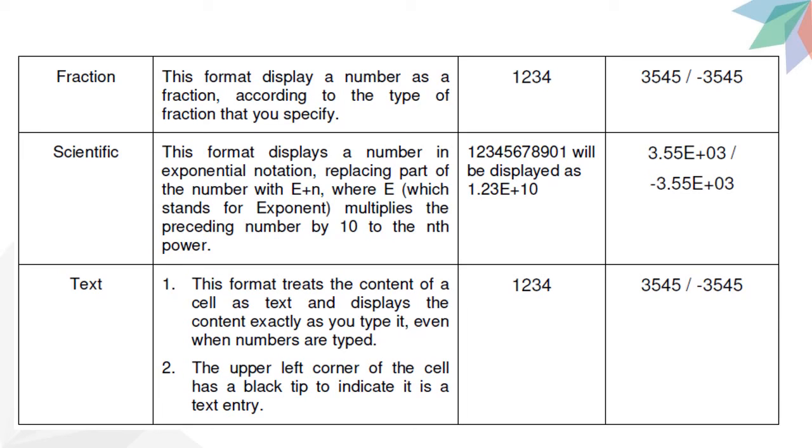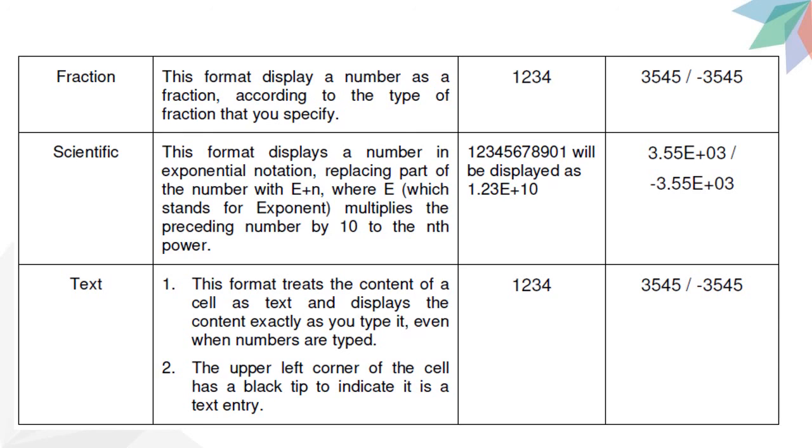This format displays a number in exponential notation, replacing part of the number with capital E plus small n, where capital E, which stands for exponent, multiplies the preceding number by 10 to the nth power. Observe the example carefully. This is used mostly by scientists and researchers who have to work with large numbers.